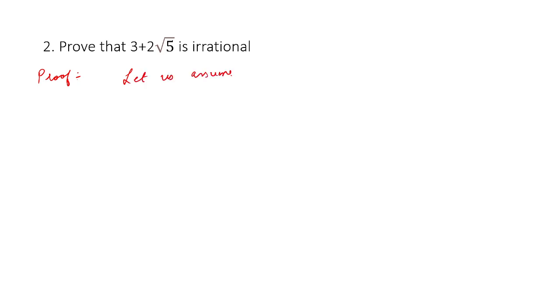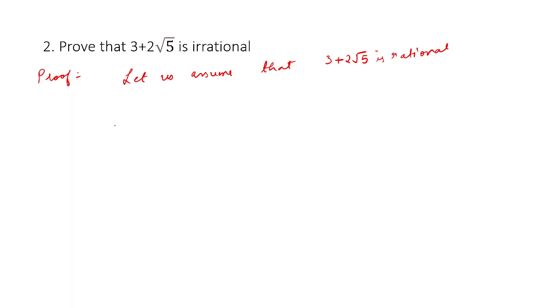Next question, we have to prove that 3 plus 2 root 5 is irrational. We prove this with the same concept. So let us assume that 3 plus 2 root 5 is rational.